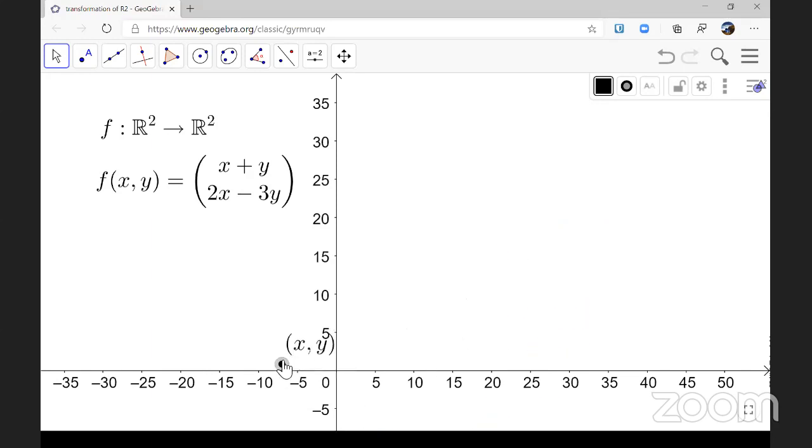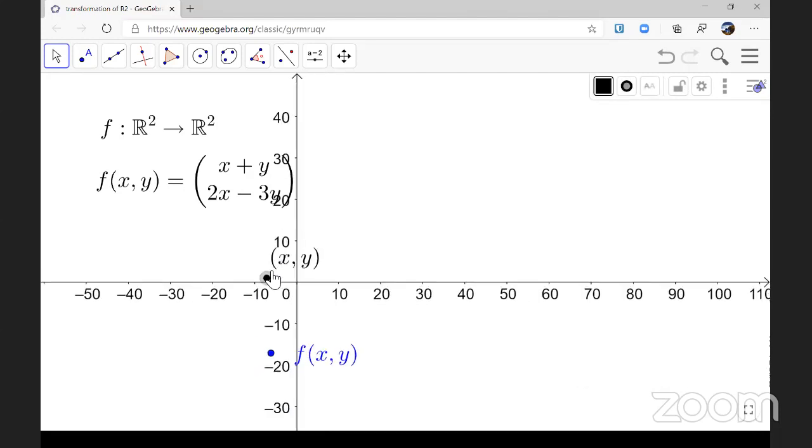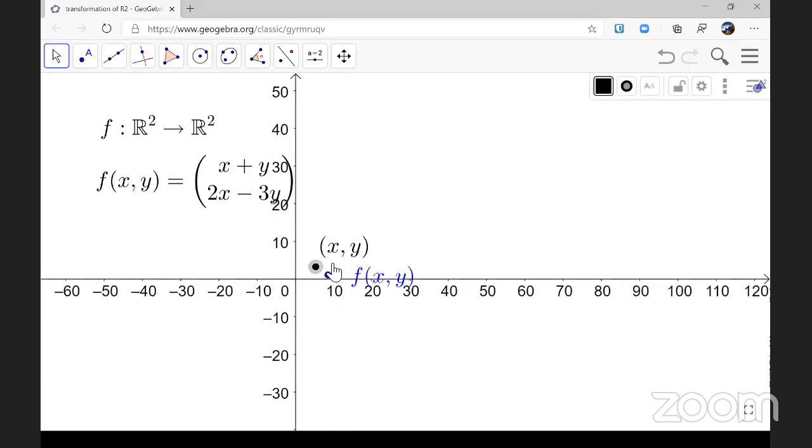So you can sort of play around with this and see what happens as you plug in different values for x and y. So these are transformations. It's not so easy to visualize the graph of them per se. Usually what we would do if we wanted to visualize this would be to show the entire x and y plane with grid lines, and then to show what happens to those grid lines under that transformation.